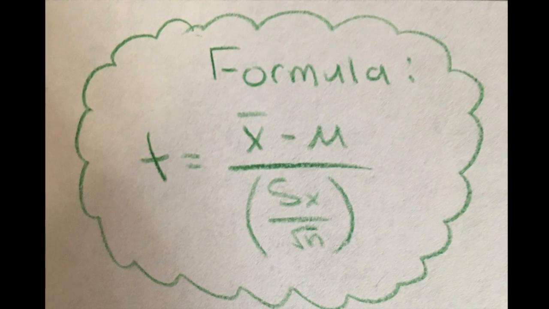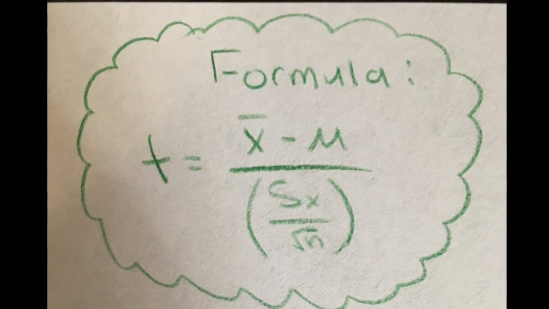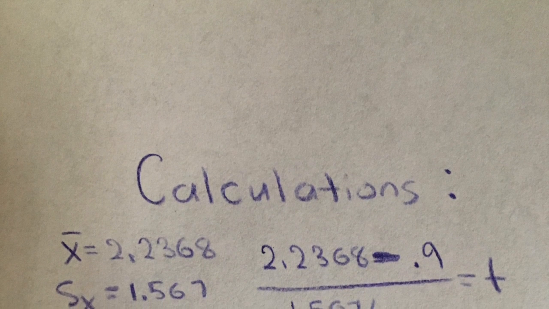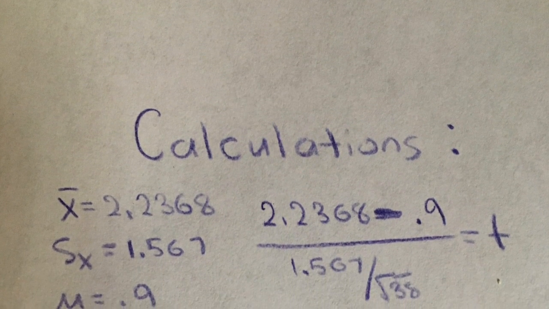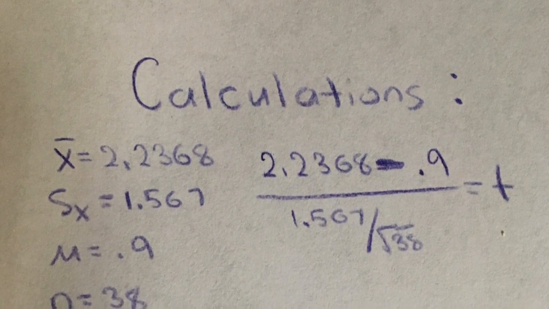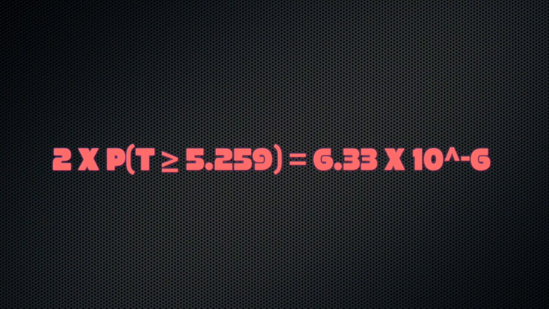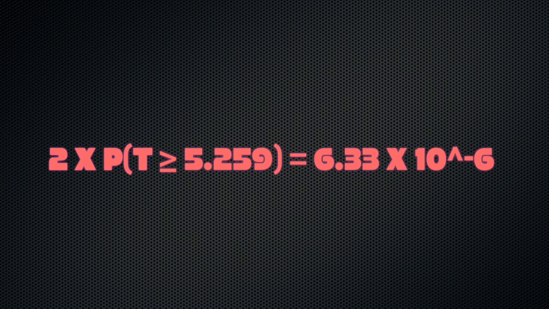Our test was a one-sample t-test at the 0.05 confidence level. After using our t-test, we found the t-value of 5.259. This is a two-tailed test, so we took the probability that the t-value is greater than 5.259 and multiplied it by 2.